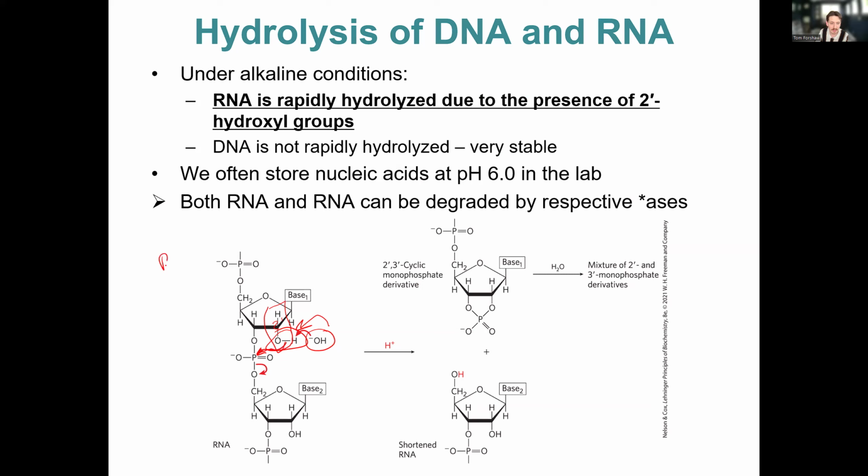So if we have our RNA 1 and RNA 2, linked by a phosphodiester bond, you have the OH of RNA 1, which is attacked by base, and then this will attack the phosphate.